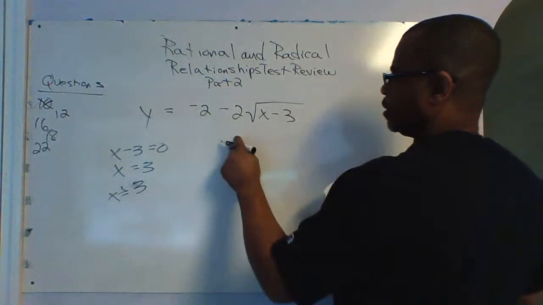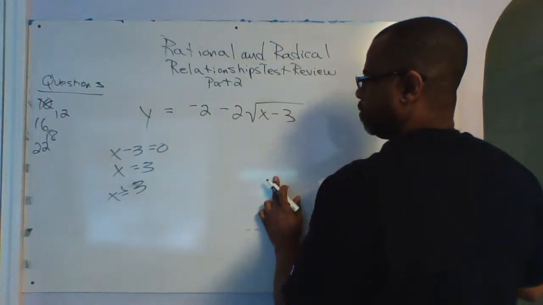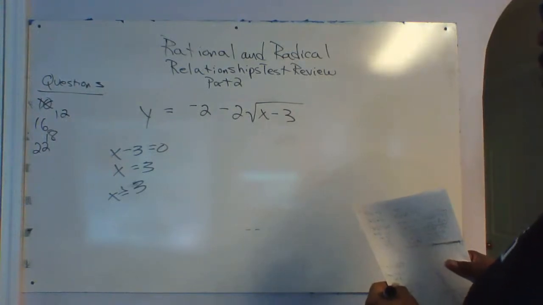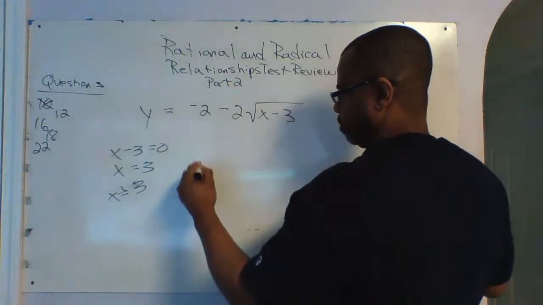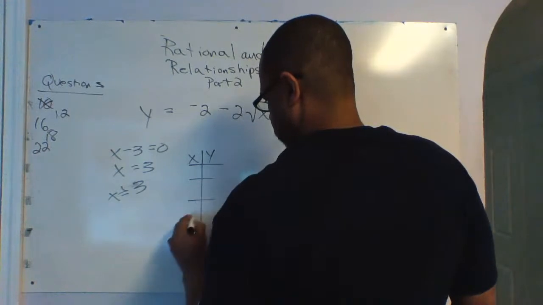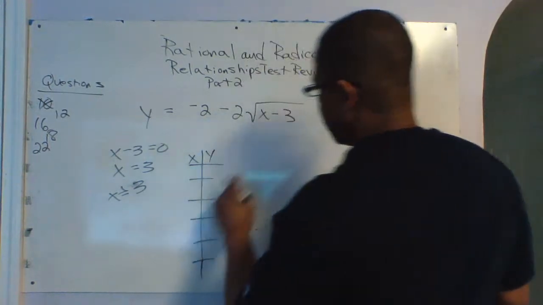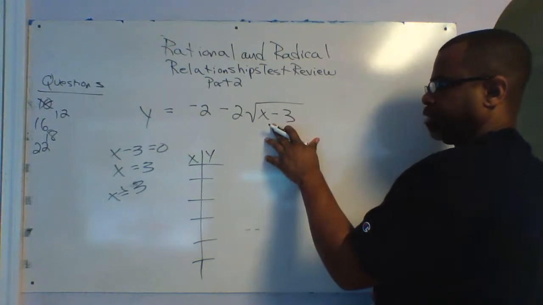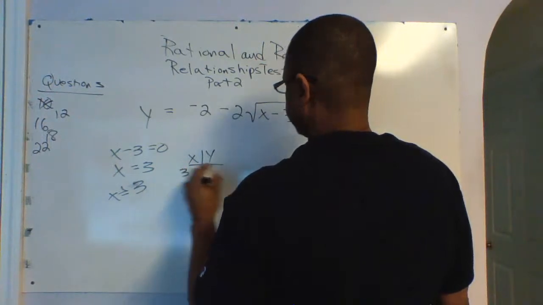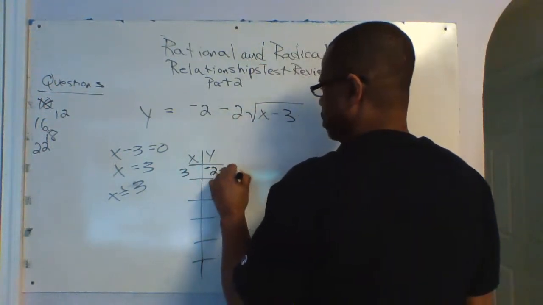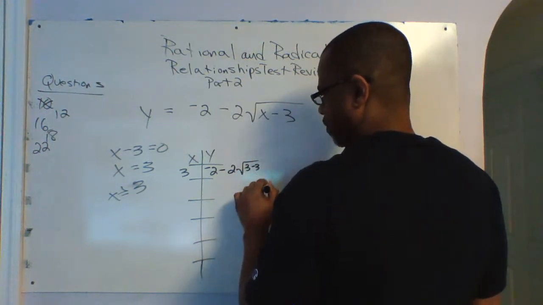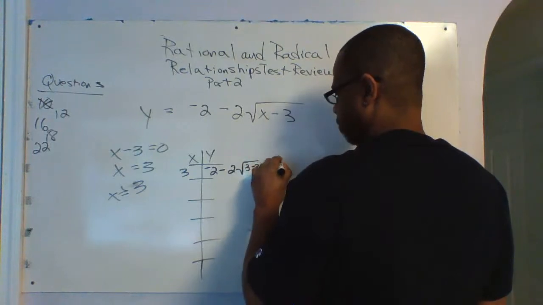All right. So now we're going to solve this. We got to pick some points where we know this has to be at least 3, and you want to try to make sure that these are perfect squares. So if we plug in 3 in here, that's -2 minus 2 times the square root of 3 minus 3, which is basically going to give us 0, so this will be -2.